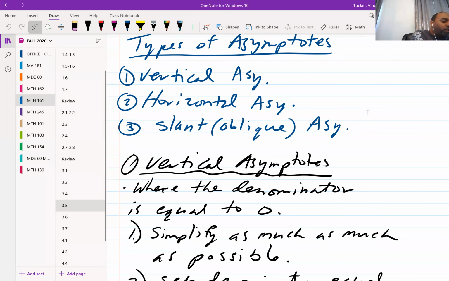So let's look at the first one, vertical asymptote. So whether the denominator is equal to 0.